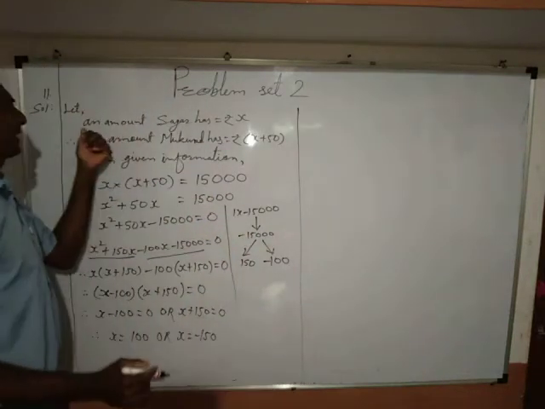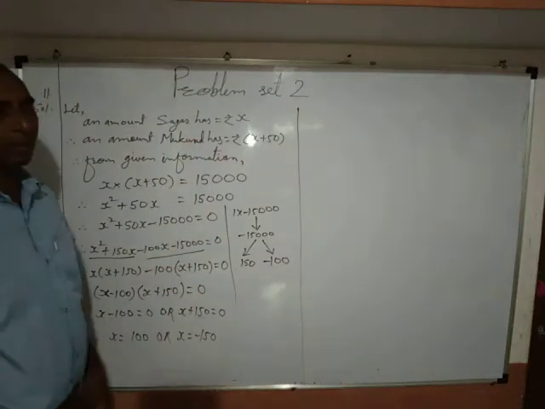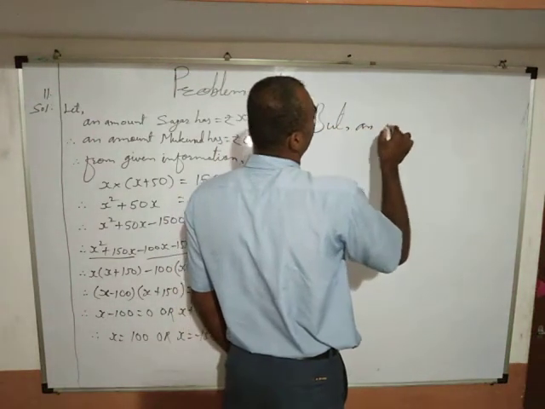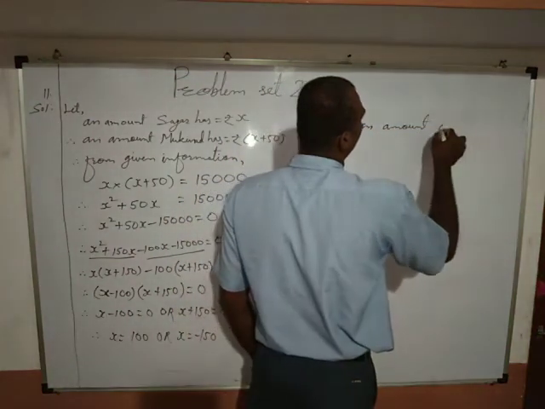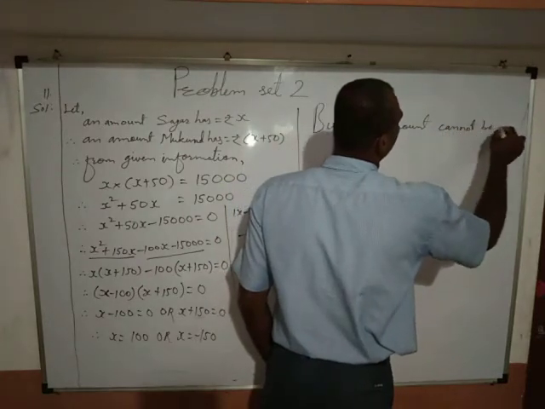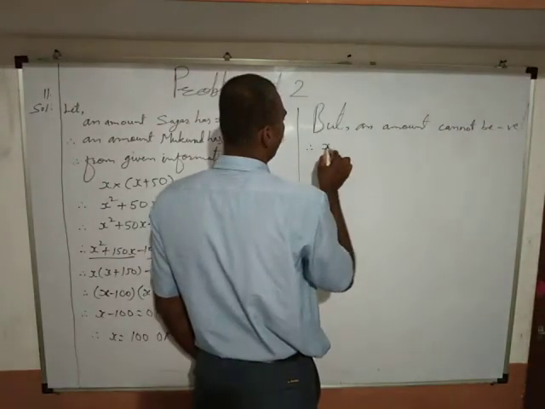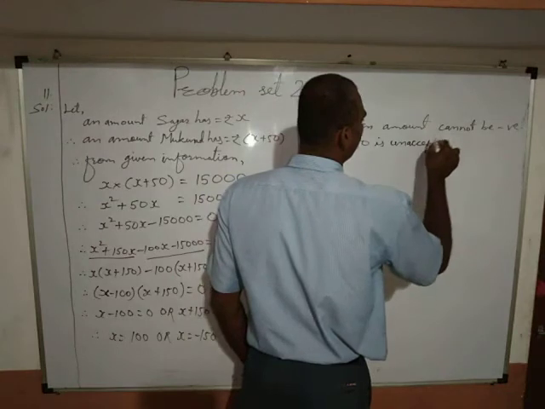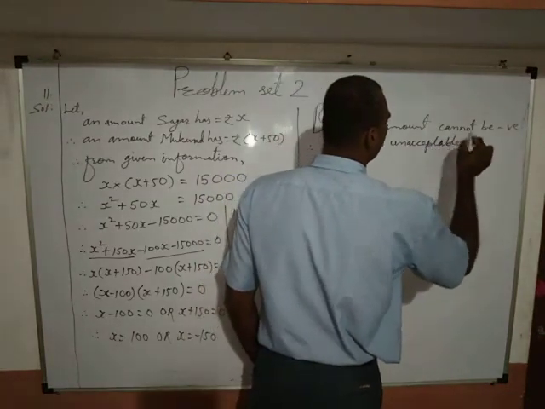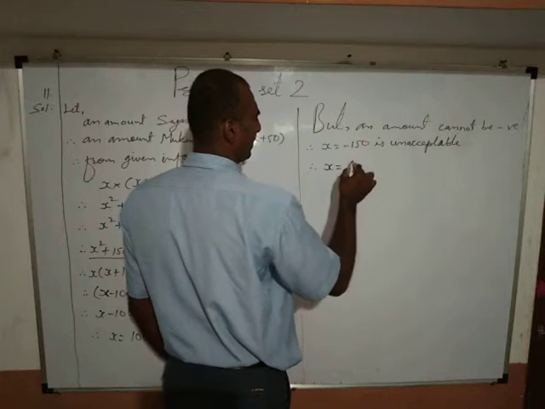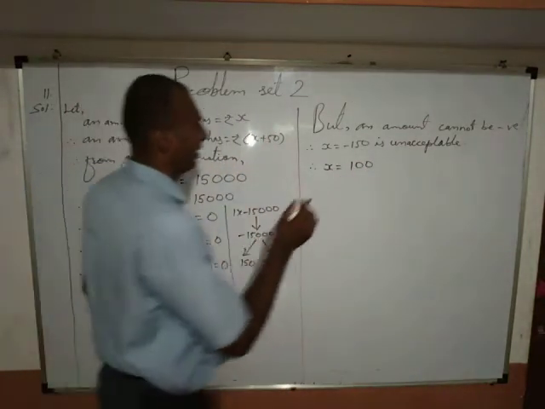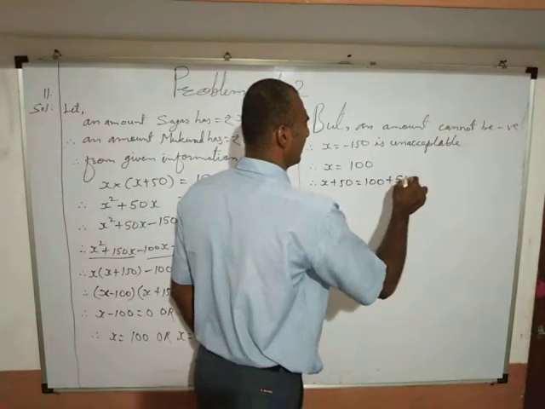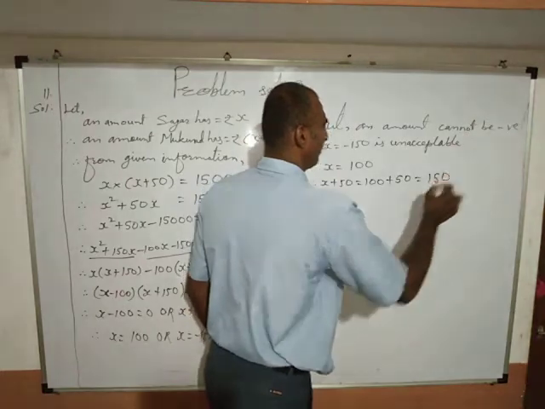But what is x? x is an amount, and an amount cannot be negative, and therefore x equals minus 150 is unacceptable. And therefore x must be equal to 100, and therefore x plus 50 equals 100 plus 50, that equals 150.